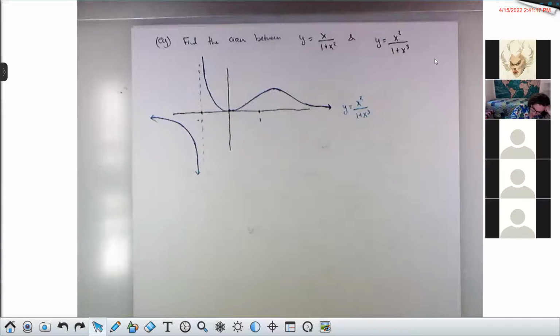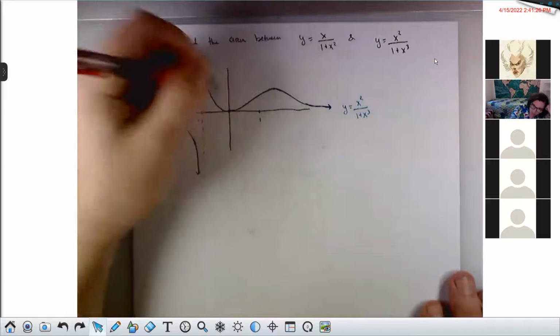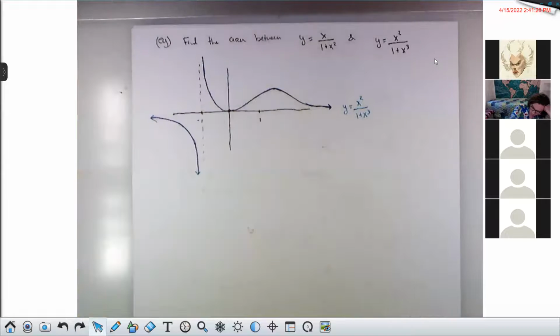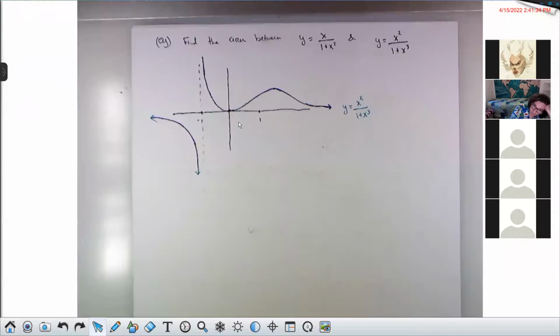And then that serpentine curve, we'll do him in red. Where's his min and max? I think they're at plus and minus 1. Yeah. Okay.